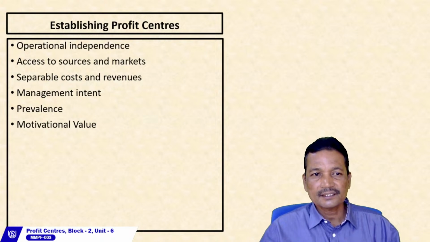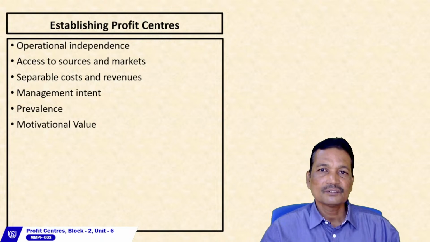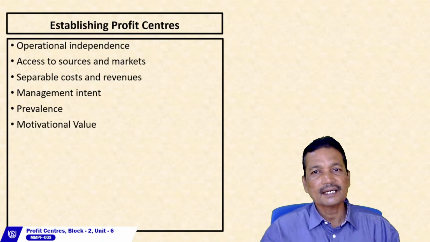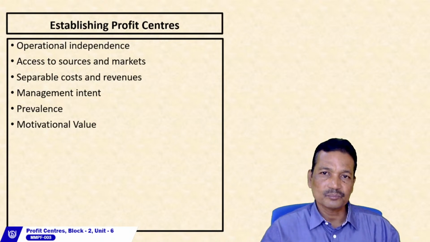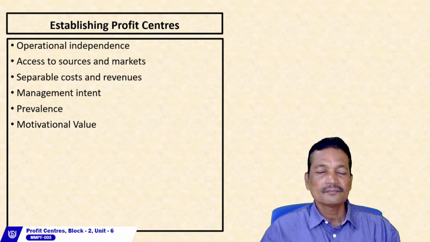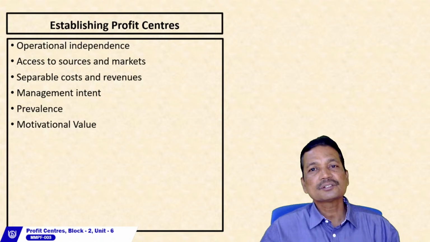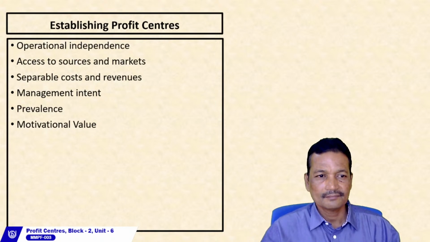The profit centers should have their choices to access the sources as well as the markets where they can sell the items. Now, the profit center should be based on those divisions where the costs and revenues can be shown separately.